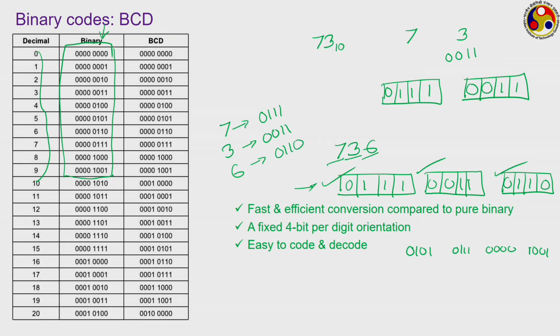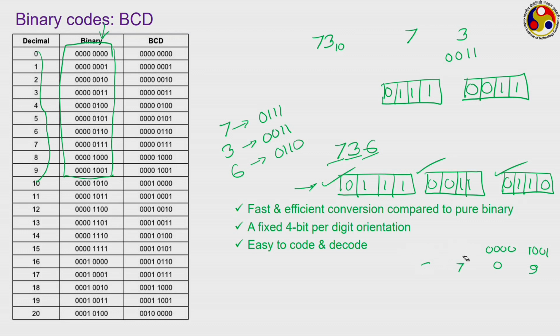So we have to identify the decimal equivalent for each of these registers. 0101 refers to 5, 0111 refers to 7, 4 zeros refers to 0 and 1001 refers to 9. So the corresponding decimal number is 5709.